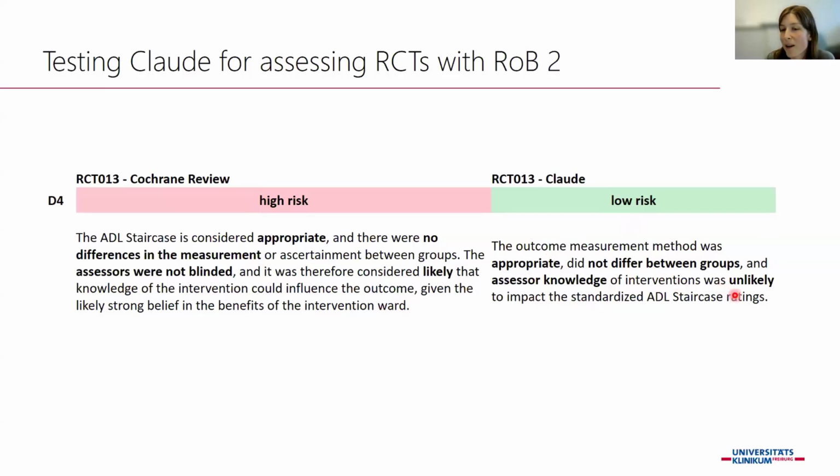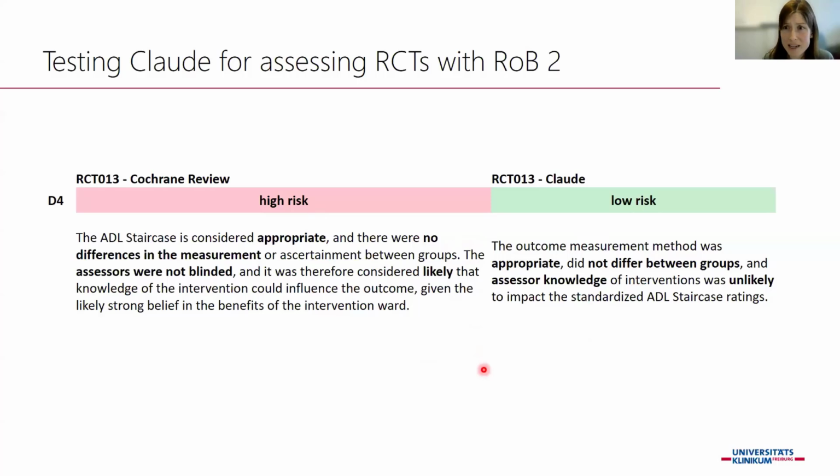But Claude interpreted that it was unlikely to impact the standardized ADL staircase rating, so that the results may not be affected by the knowledge of the intervention. I think this is quite an interesting example, because we can see that the information is correct in both cases, of course, but the interpretation is a real problem.